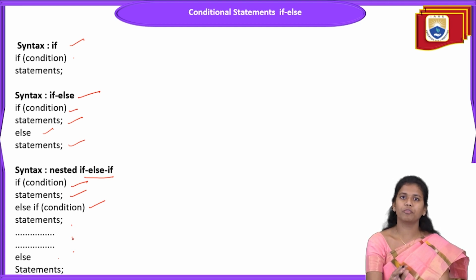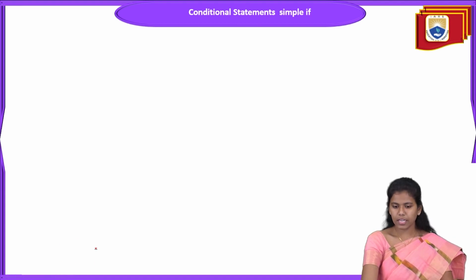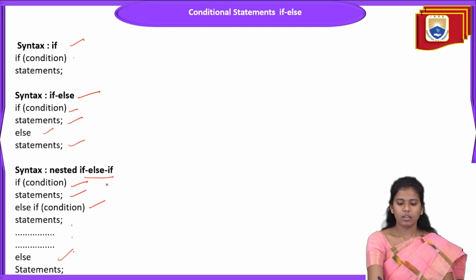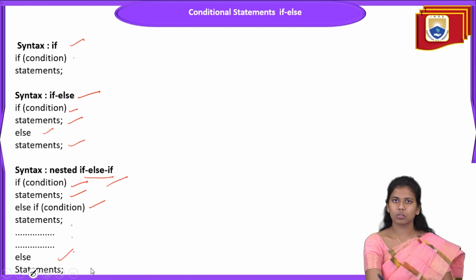If you face more than one condition, it is good to implement the nested if else if statement. First the if condition followed with the statement, next else if conditions followed with two or three statements, and finally the else followed with the statements. That is how the nested if else if statements go on.